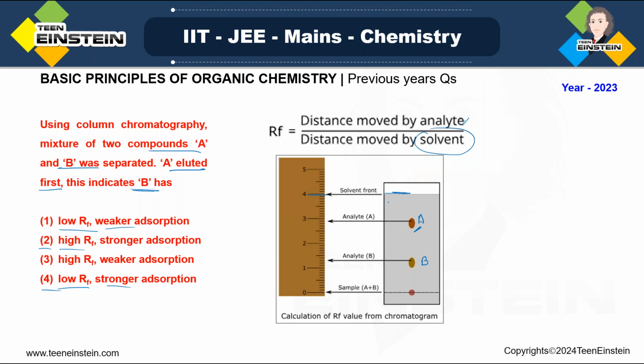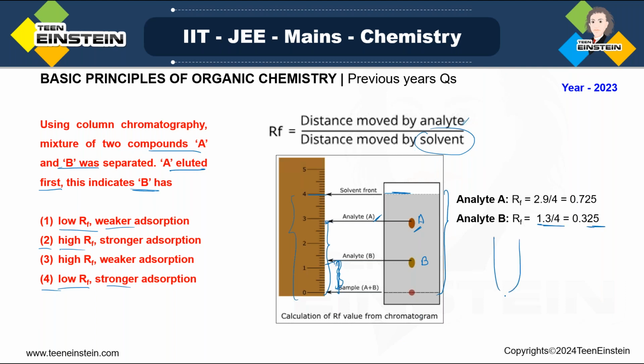This is the solvent distance and this is the distance for analyte A, suppose it is somewhere here, and for analyte B it is somewhere here. So obviously this distance, compared to this 4 centimeter distance, will give you a higher Rf. And for analyte B, it is only this amount of distance compared to this amount, so obviously this ratio will be low.